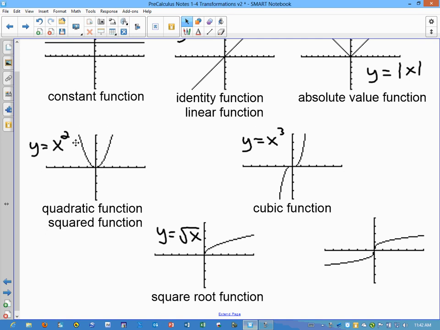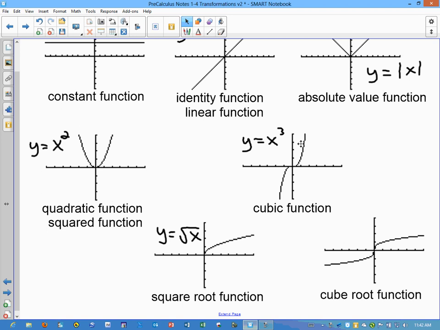For all the other graphs so far, by the way, the domain has been all real numbers. For the square root function, the domain is all non-negative numbers. So it's 0 to infinity, including the lower bound. And then finally we have the cube root function, which would look like this.